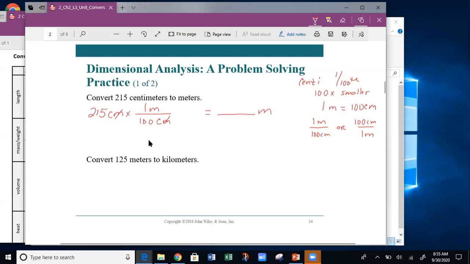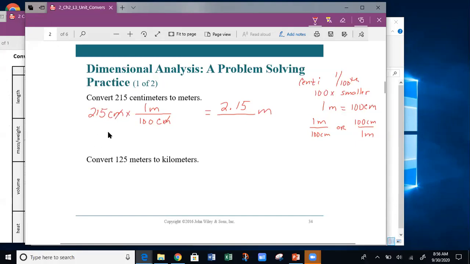Now this is really just multiplying fractions. Anything on the top gets multiplied and anything on the bottom gets divided. So 215 divided by 100 is, I should be able to do that in my head, but I could not.